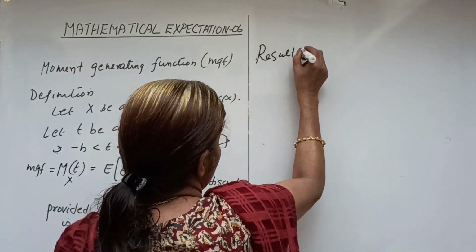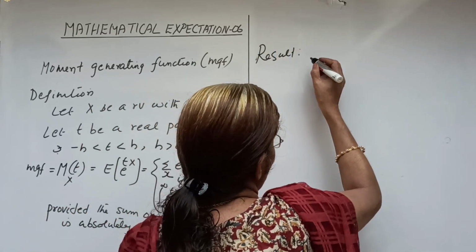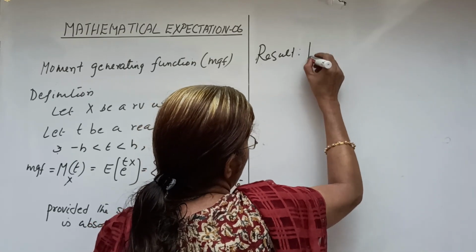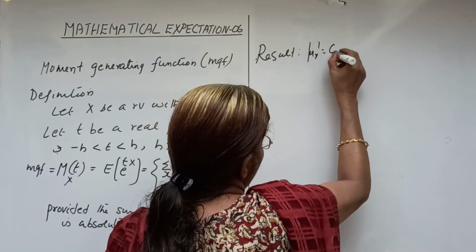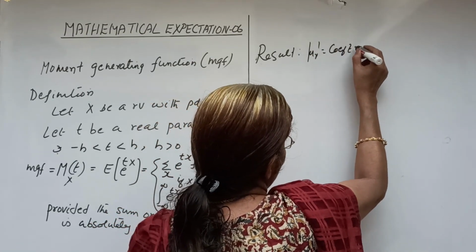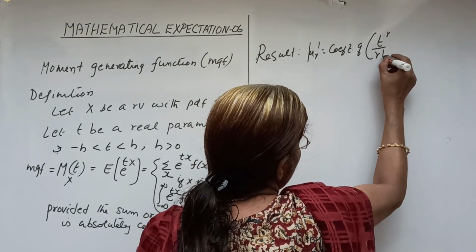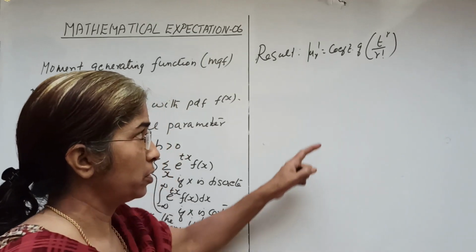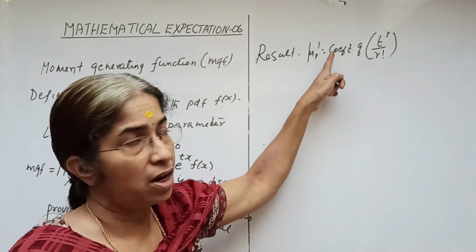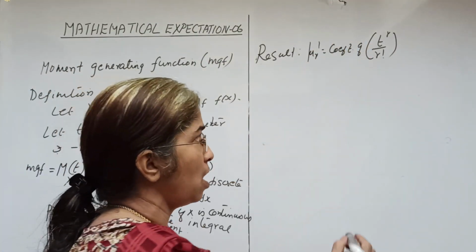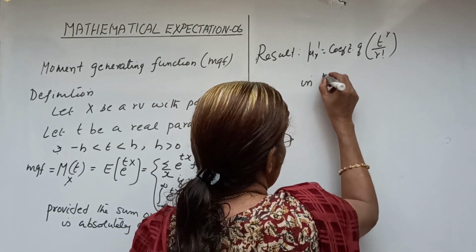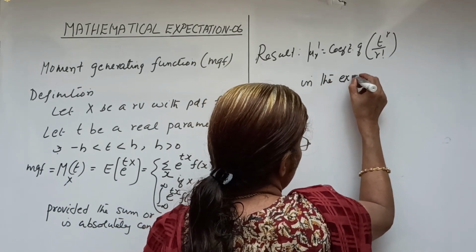Mu r dash is equal to the coefficient of t raised to r by r factorial in the expansion of M_X(t).